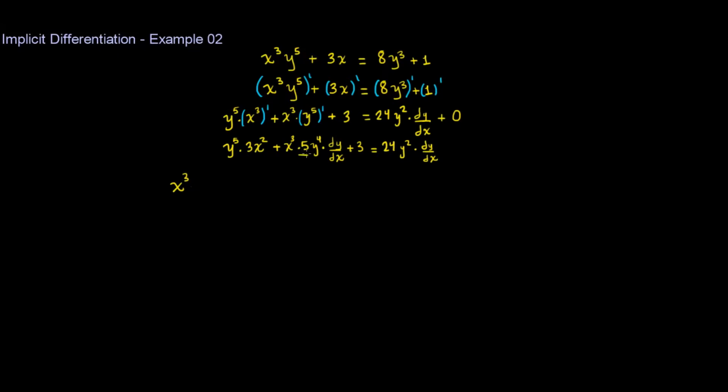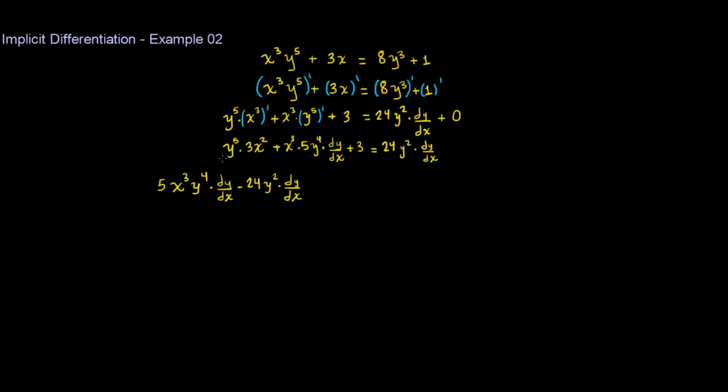I'm going to move the constant as well, because that's the proper way we normally work. And now I'm going to write this one with a negative sign: negative 24 y to the second times dy over dx. I'm doing this because we have to solve this equation for dy over dx.